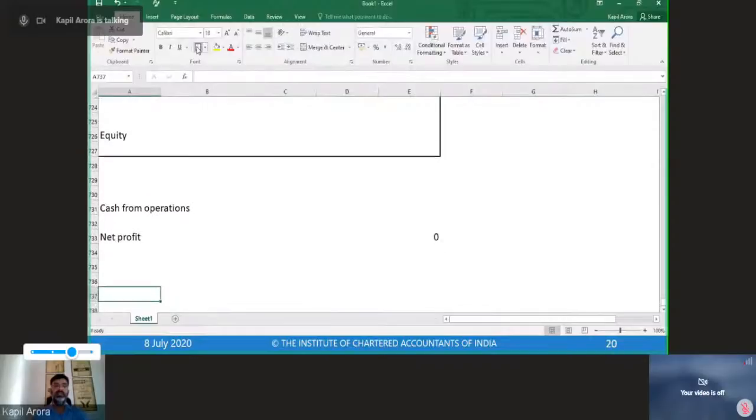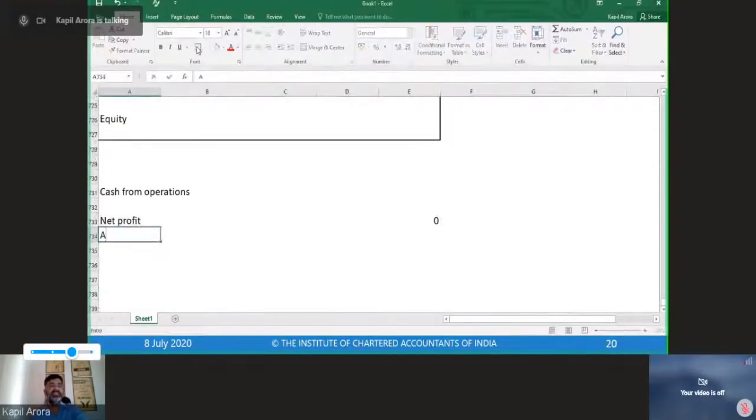Whatever net profit I get, there I start adding non-cash items, because the profit and loss account has all the non-cash items.